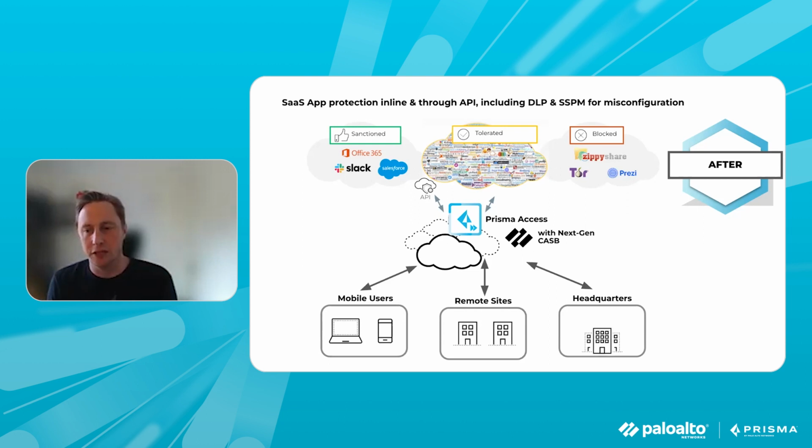We can also do full inspection or DLP inspection of that traffic, to the point where you can say, okay, this is tagged, this isn't allowed to go up, this is allowed to go up. This guy's HR, they're allowed to send certain things up which other people aren't, but that would be with a flag. So we're applying policy to all of that traffic as it moves around your customer's estate.